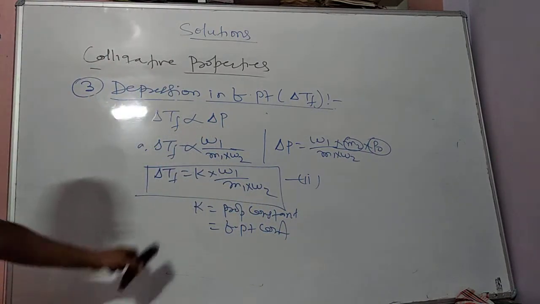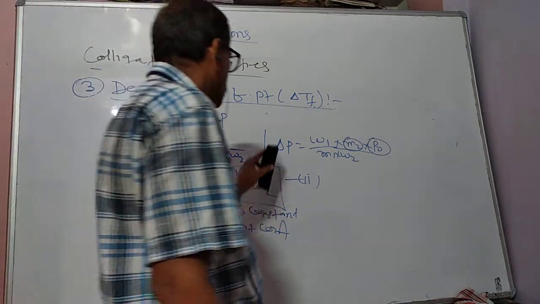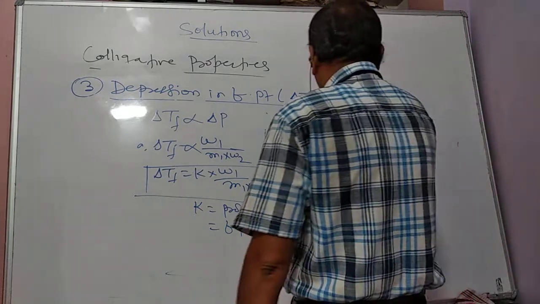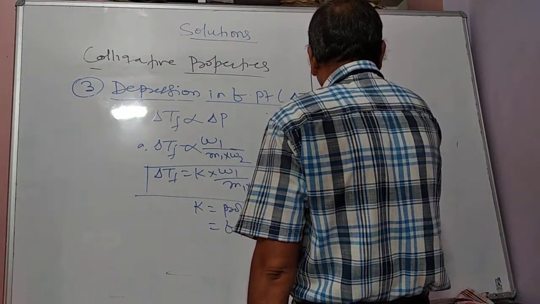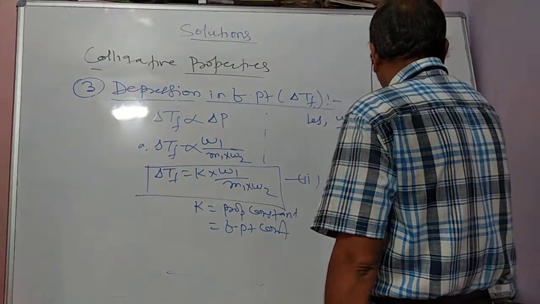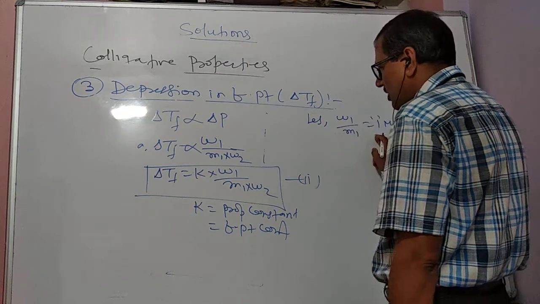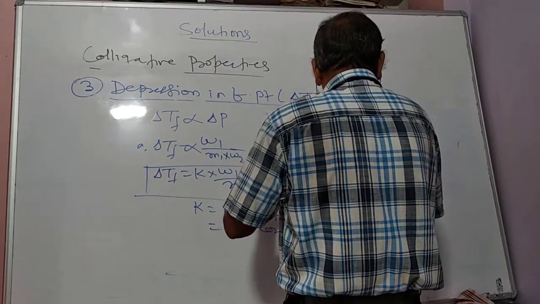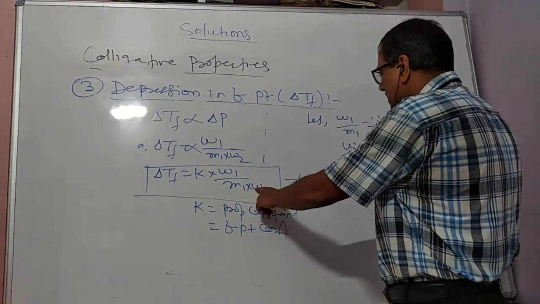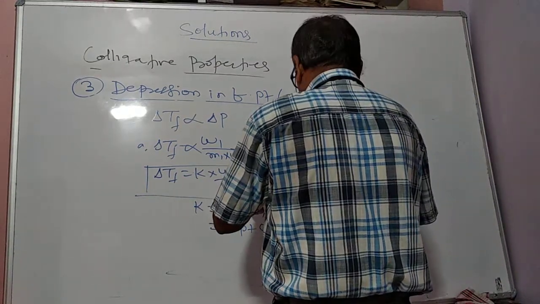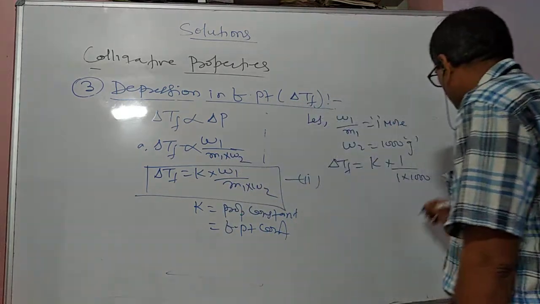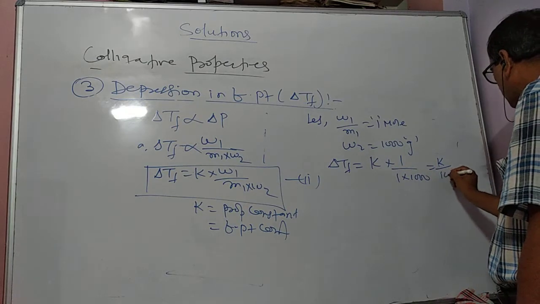Now we will find out the value of K. Let W1 by M1, the mass of solute by molar mass of solute, be 1 mole, which is the number of moles of solute, and W2 equal to 1000 gram. Putting this in equation 2, we get delta Tf equal to K into 1 by 1 into 1000, so this is K by 1000.